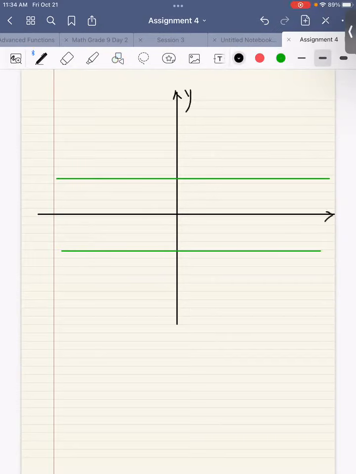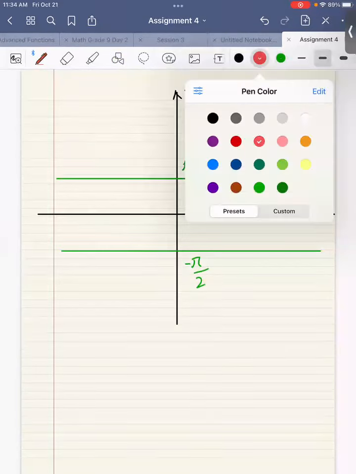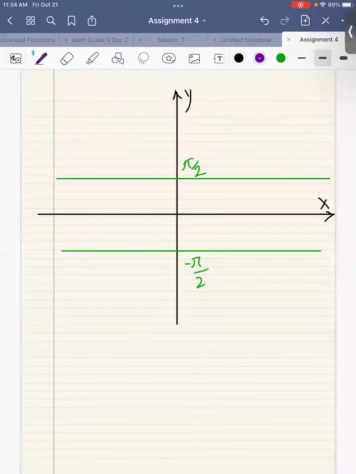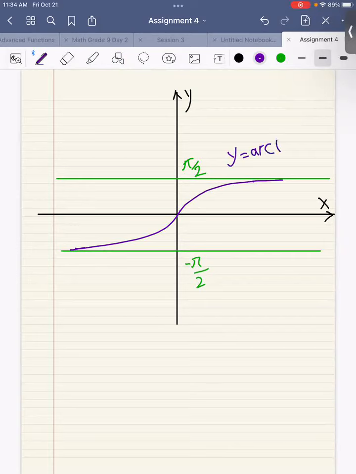This is y, x, this is pi half, negative pi half. So arctan goes like this. y equal to arctan of x has two horizontal asymptotes.